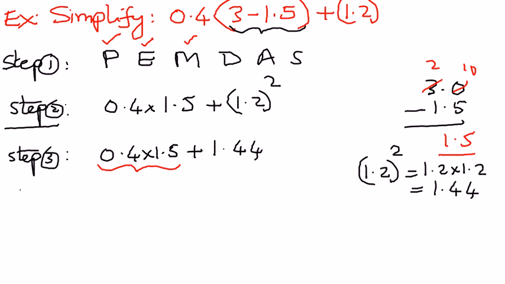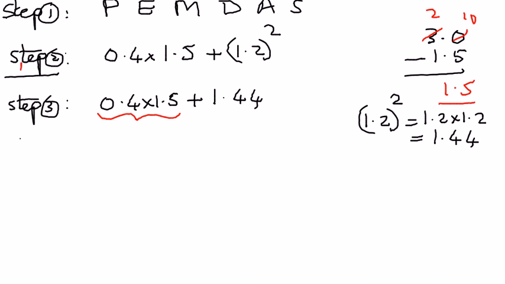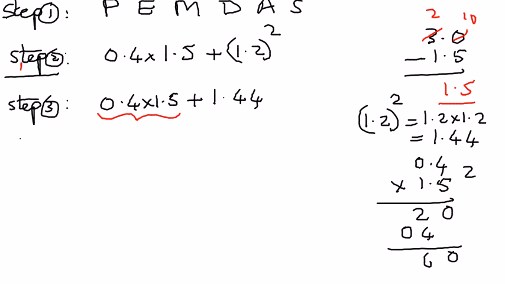So we'll go back to our margin here. 0.4 times 1.5. 5 times 4 is 20. 0, so we can carry the 2 there. Then we perform the multiplication with 1. 1 times 4 is 4. 1 times 0 is 0. So 0, 6, 0.